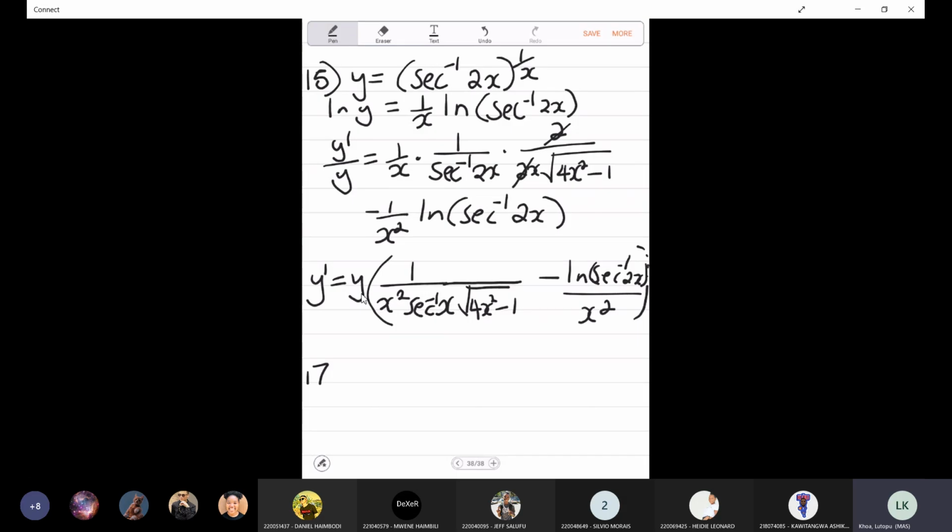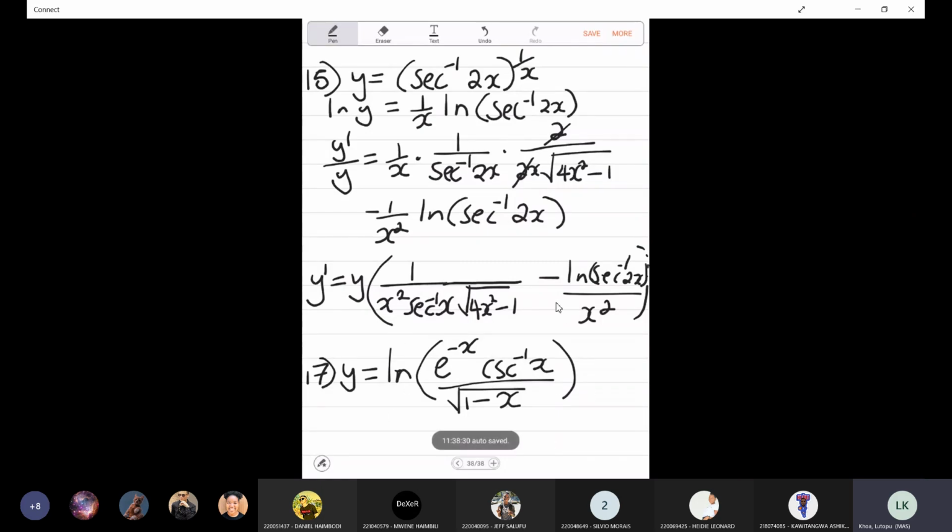In number 17, we have y is equal to ln of e to the power of minus x cosec inverse of x over the square root of 1 minus x. Okay, so here, before we even get into differentiating it, it would be easier to use our laws of logarithms to simplify this and then differentiate.